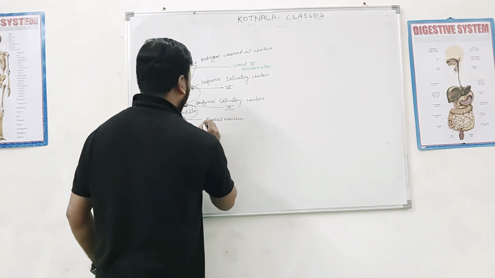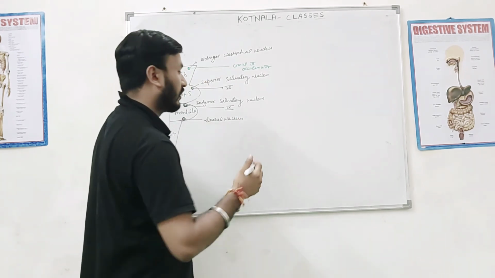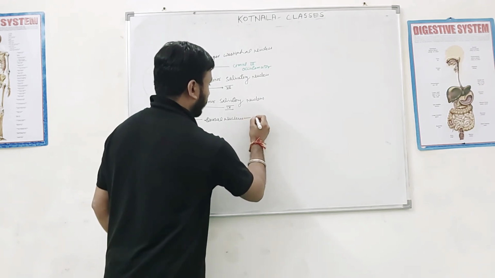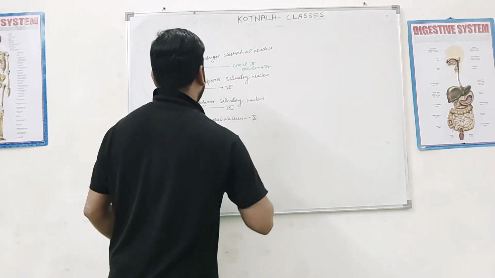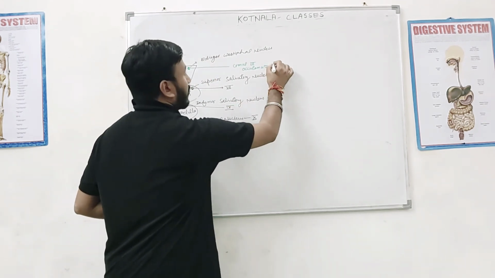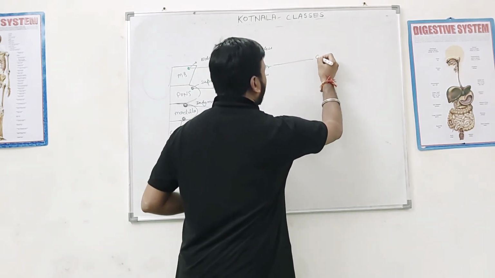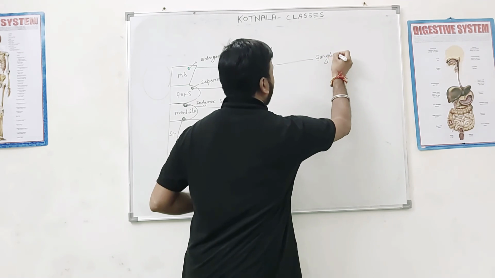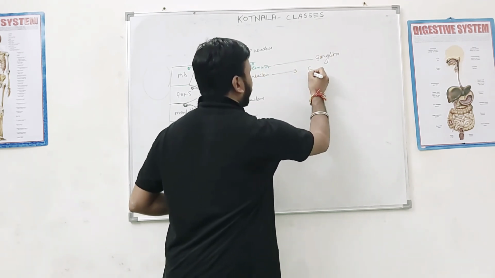Obviously, cranial nerve number 10 is the vagus. This 10th cranial nerve, the vagus, goes through different ganglia. I am not going into detail about the different ganglia.